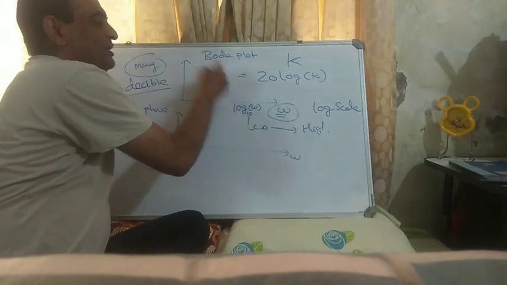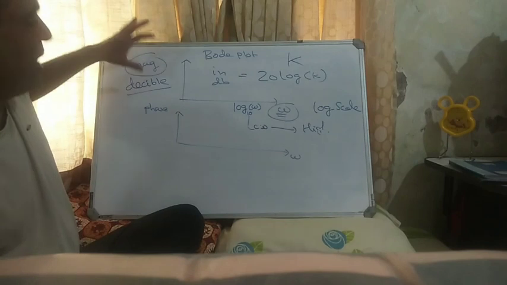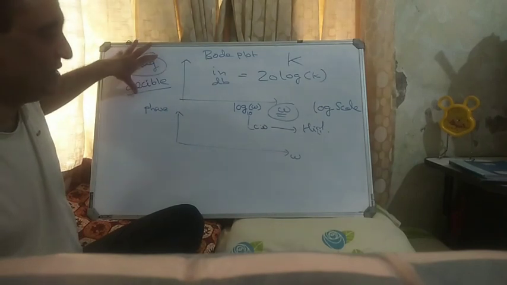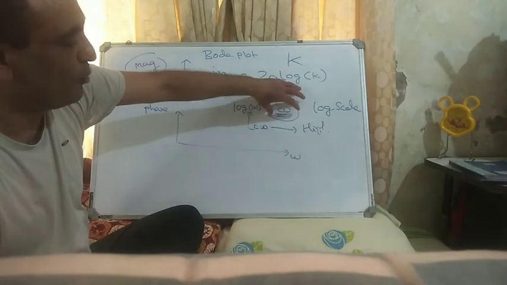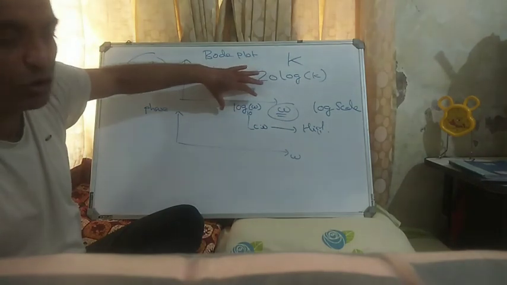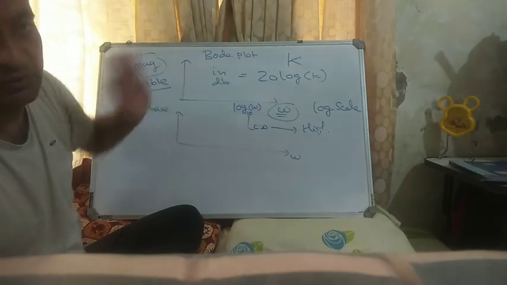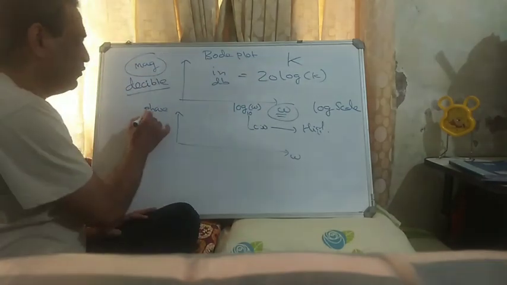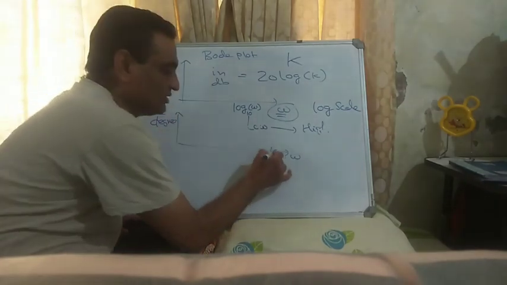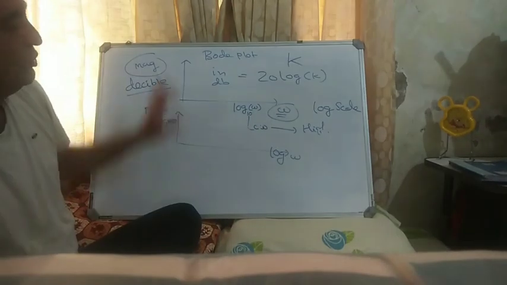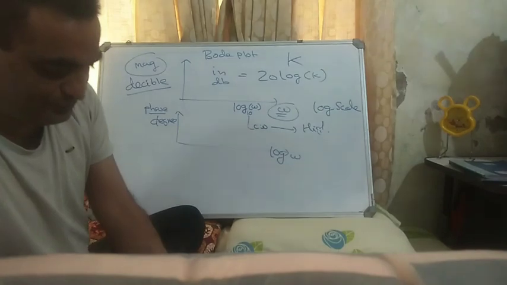So the magnitude's unit would be decibel. The x-axis, ω, would be a logarithmic scale, that is log ω. For phase it is in degrees, and here also the x-axis is log ω. So let me redefine the scales now.